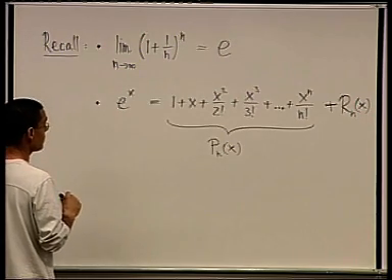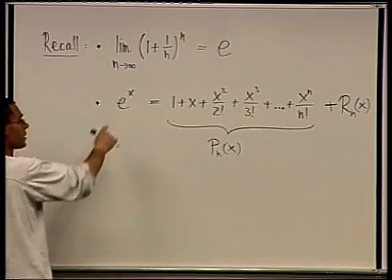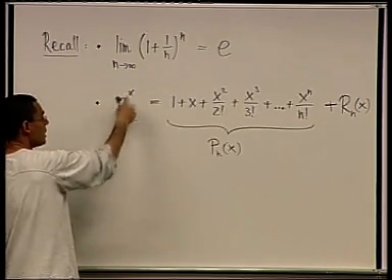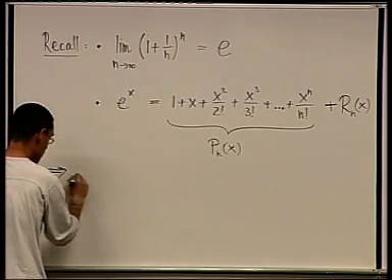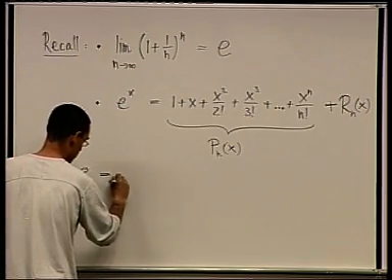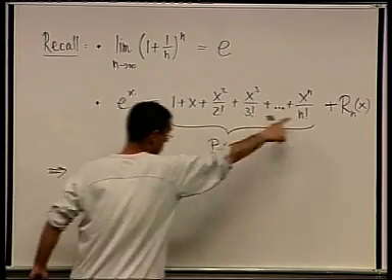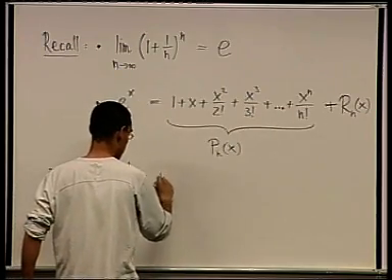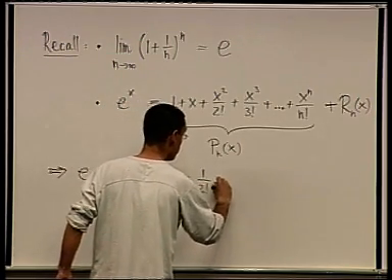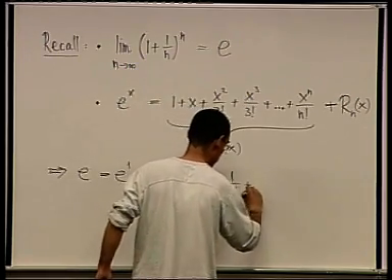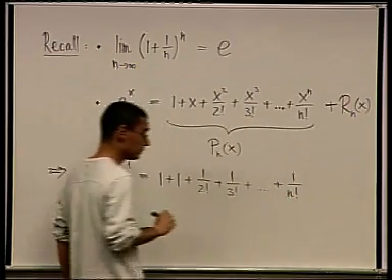So, if I want to calculate e, I can, for example, plug into this function x equals 1. So e itself, which is e to the power 1, is equal to, I'm going to plug in 1 here, so I'm going to get 1 plus 1 plus 1 over 2 factorial plus 1 over 3 factorial plus ... plus 1 over n factorial.